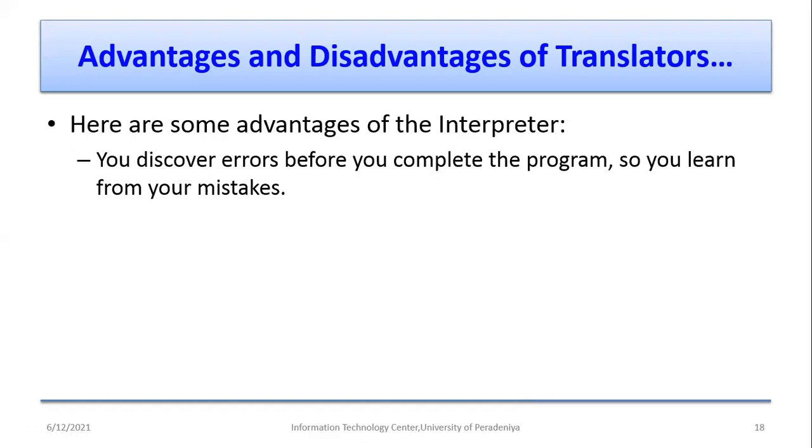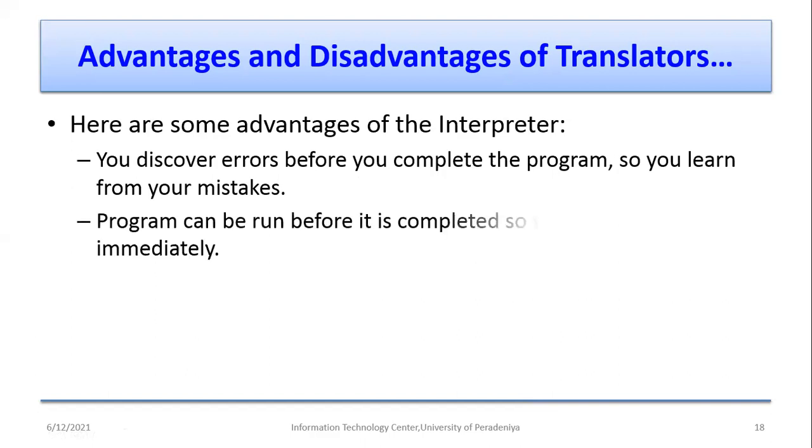Then we can correct line by line, right? We don't need to correct all the statements at once because the interpreter takes line by line. But if it is a compiler, we have to correct all the statements at once, right? So here the programmer can run the program before it is completed, so you get partial intermediate results.